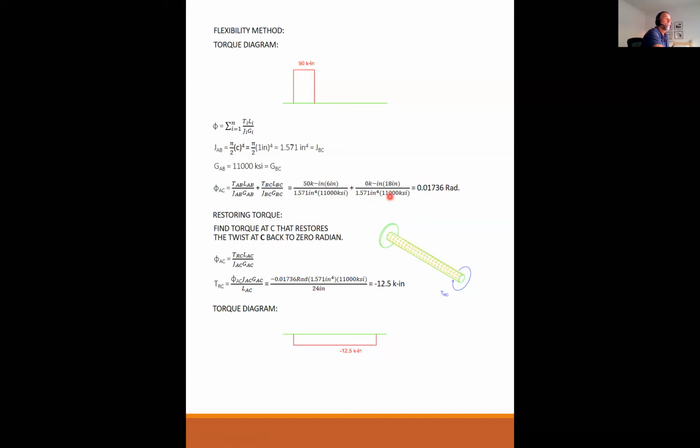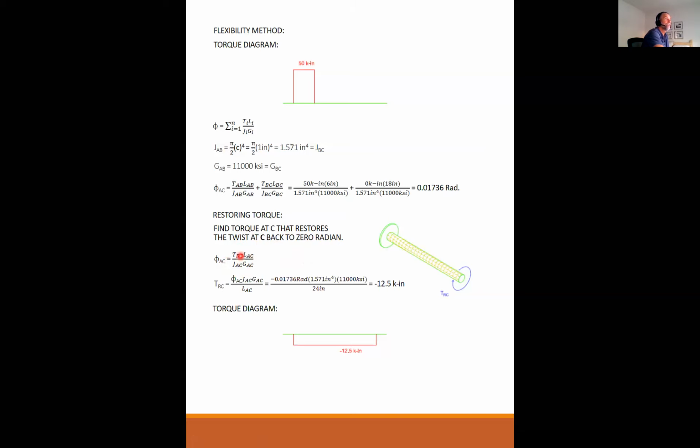So in this equation, you can see how these don't make any difference at all. You'd still have that same radian rotation here. Now you come down here, and what you would do in this equation is have TRC times LAB over JAB, GAB plus TRC times LBC over JBC, GBC. So you have the two pieces.